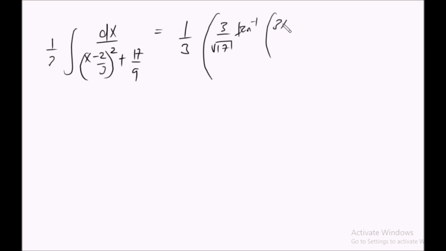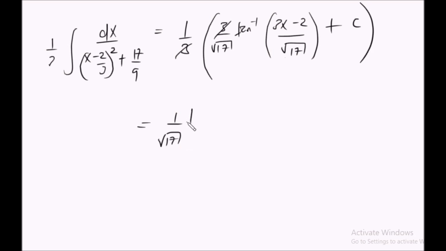So hapa nimesema nitakuwa na 3x minus 2 baada ya kusimplify over the square root of 17 plus c. Okay, so hii 3 tuingize ndani, so itakufa hapo, you see. Itakuwa na 1 over the square root of 17. Hii inafanya tu simplification, tan inverse, so 3x minus 2 over the square root of 17 plus c.